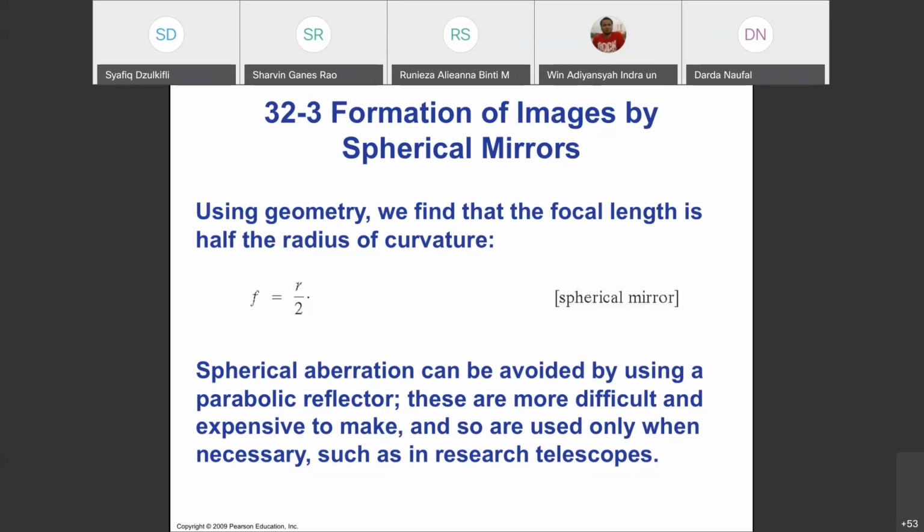For that one, the function is to avoid spherical aberration. So all the signal coming from the Astro TV Malaysian satellite will focus right at one point, right in the middle. This is what they call a parabolic reflector.